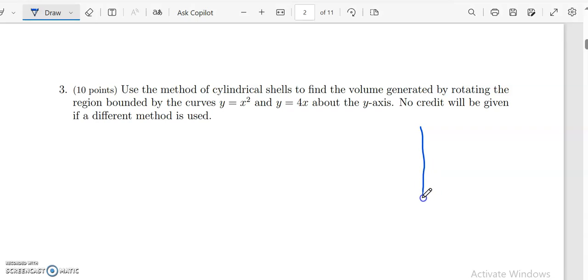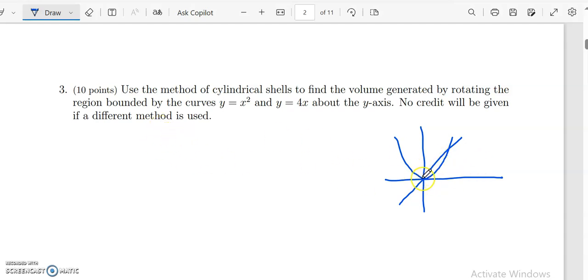So let us first look at the curves given. So we have y equal to x square. The region is bounded by y equal to x square and y equal to 4x. So this will be the graph of y equal to x square, and y equal to 4x will be this line passing through the origin. So this will be the common region.